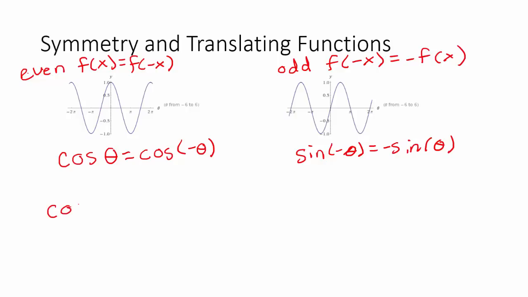So that's another identity I can play around with. Any time that I see the expression cosine of theta minus pi over 2, I can replace that with sine of theta.